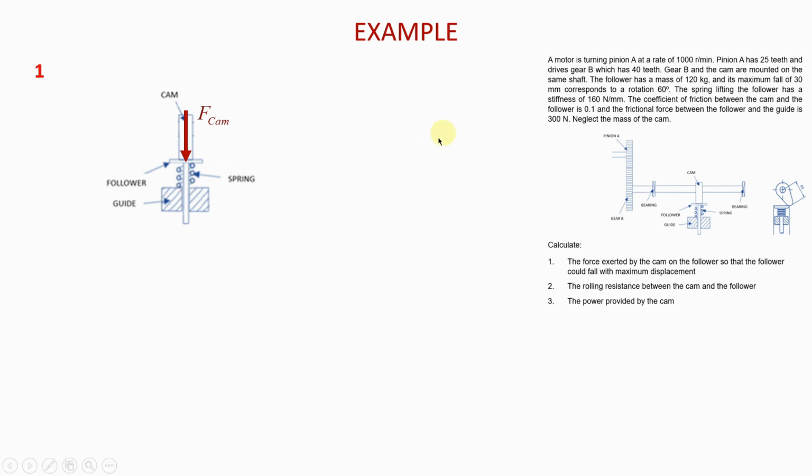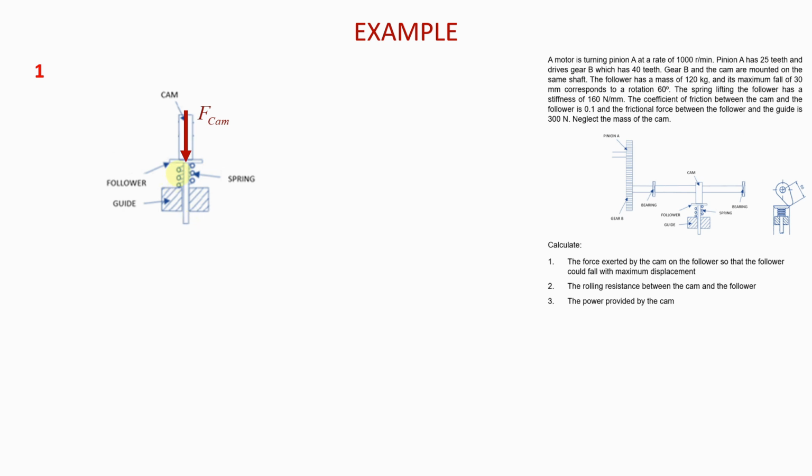When you read the question here, you are told first that the follower has a mass of 120 kilograms. Since the follower has a mass of 120 kilograms, it will have a weight. The weight of the follower is also a force in the system, and the weight is always pointed directly down.